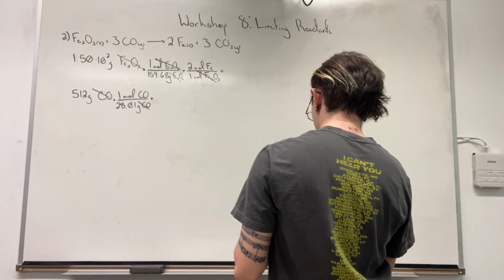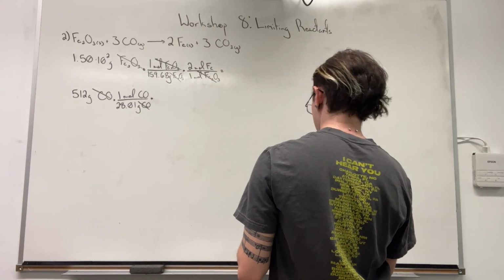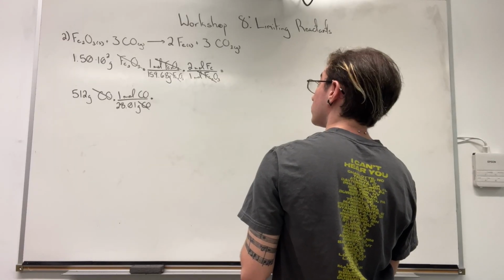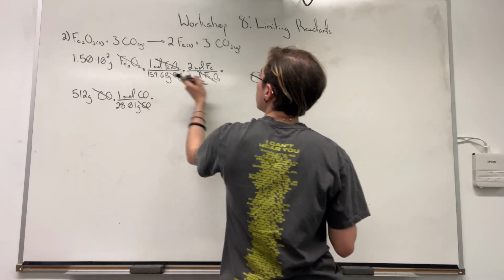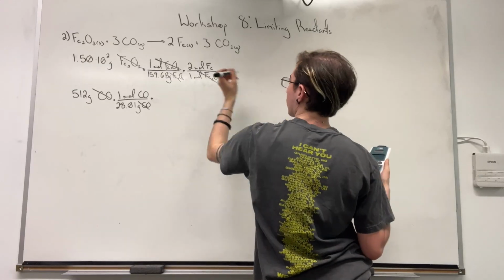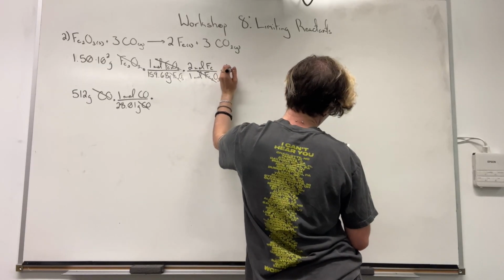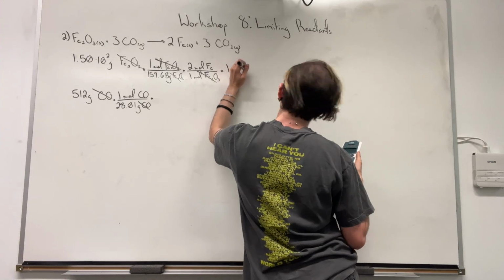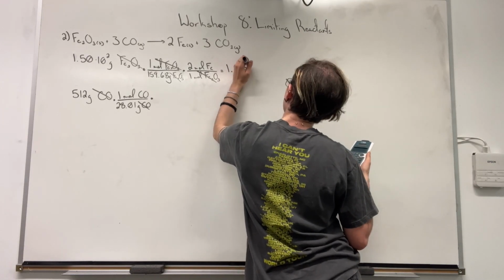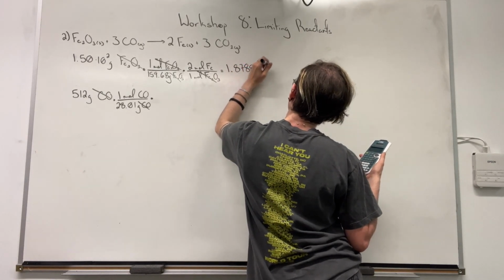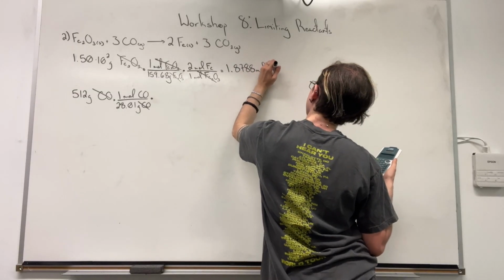1.50 times 10 to the second, divided by molar mass, and multiplied by 2. 1.50 times 10 to the second grams of iron oxide produces 1.8788 moles of iron.